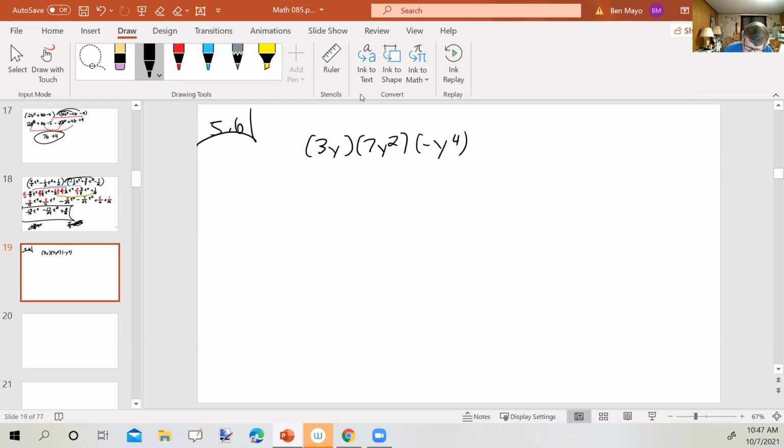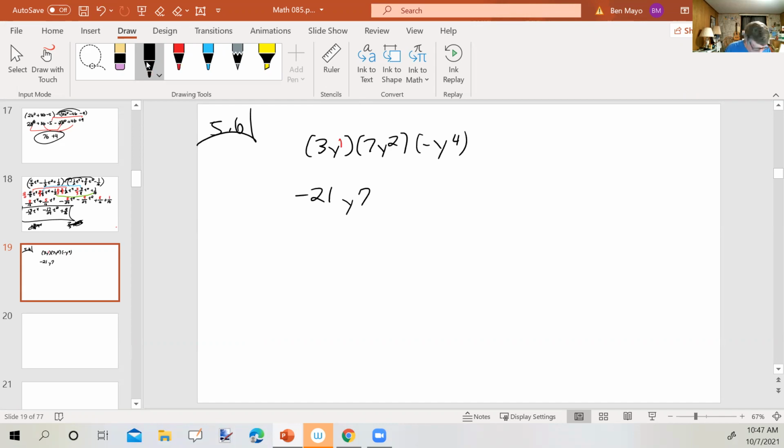So we've got 3 times 7 is 21 times the negative 1 in front of the y to the fourth. So we get negative 21. And then y to the 1 power times y squared would be y cubed times y to the fourth power would be y to the 7th power.